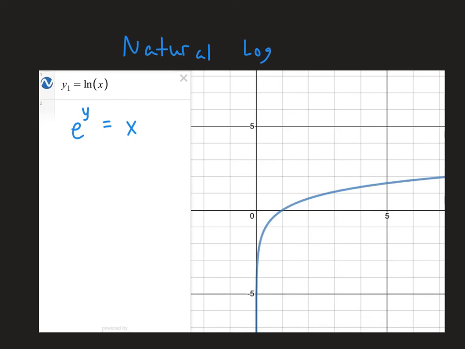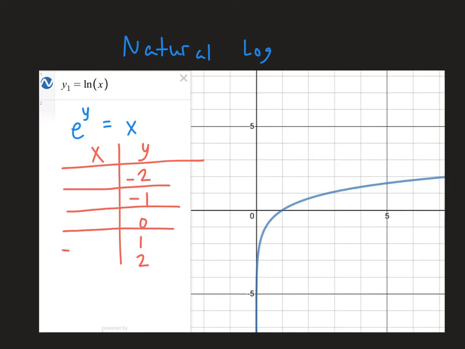But just to see why the graph looks the way it does, if we made a quick table, instead of choosing x values, because this one is solved for x, think about what happens if we choose some y values. I know it seems weird, but let's start with when y is 0.